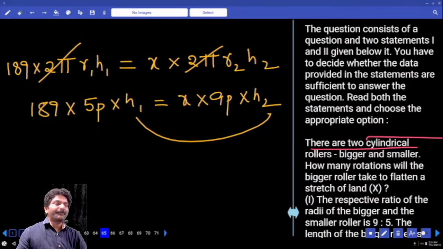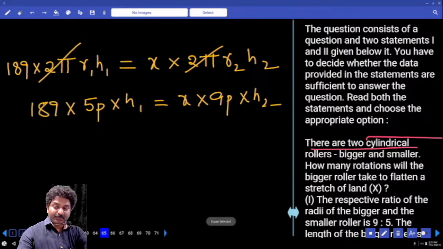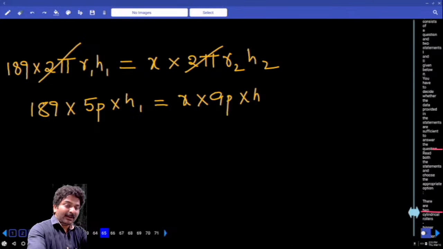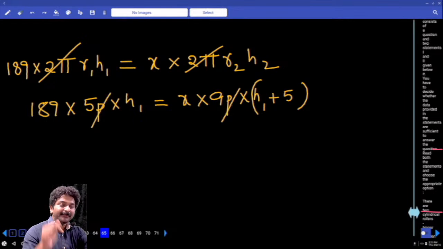So, do you have any comparison between H1 and H2? Yes. How much is that they are saying? 5 meters more. Which is more? H2 is more. So, in place of H2, I'll write it as H1 plus 5. Can you cancel P here? Yes. How many equations are there?